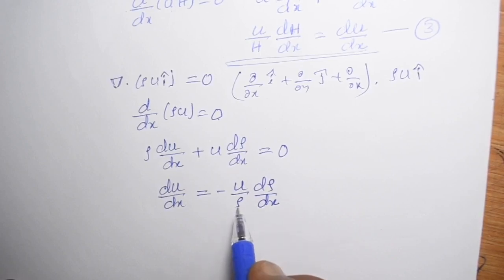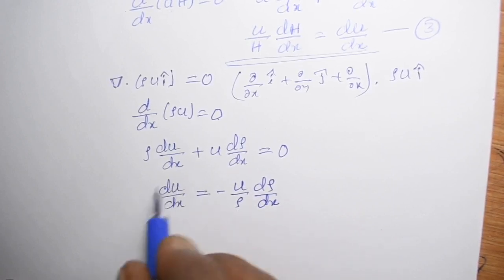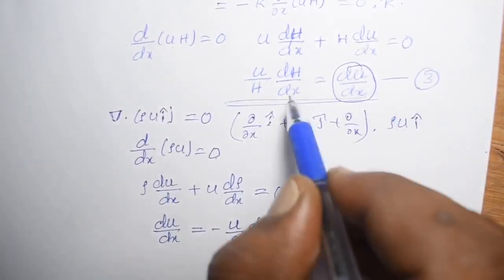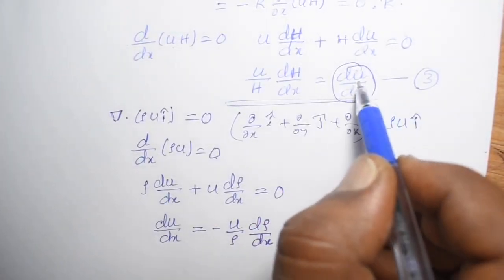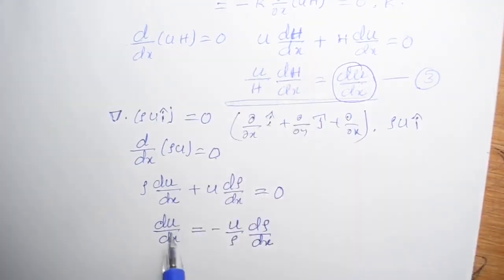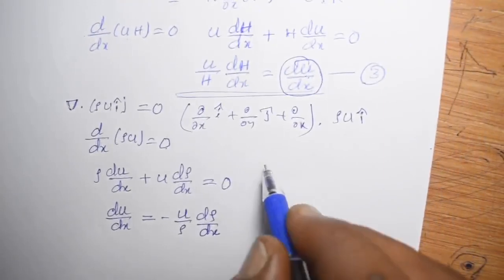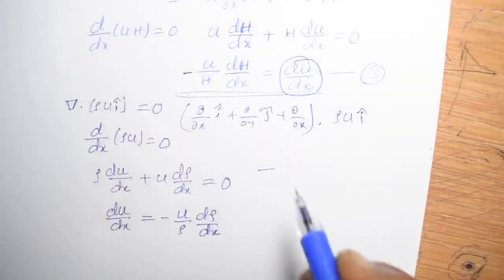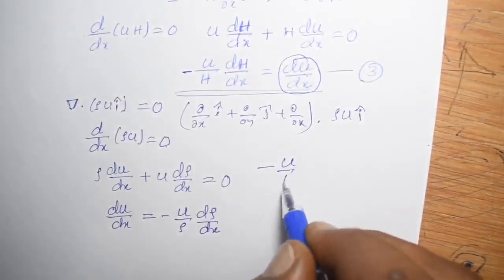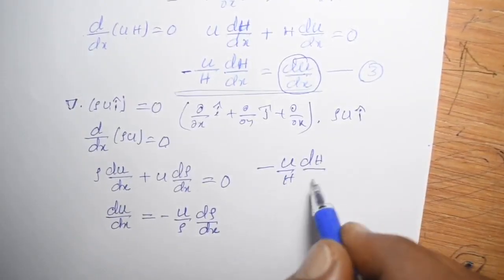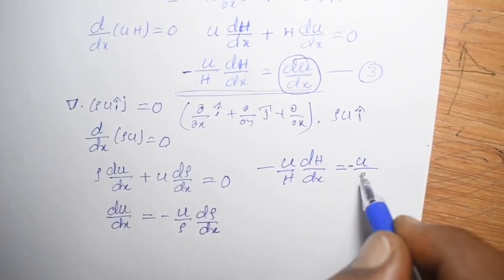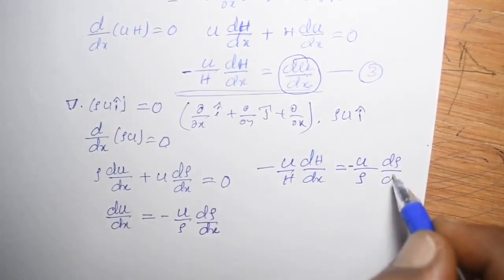You can write like this. But what about du by dx? Du by dx means equation 3. Now substitute du by dx like this instead of this term. Now this equation will give u by h into dh by dx is equal to minus u by rho into d rho by dx.